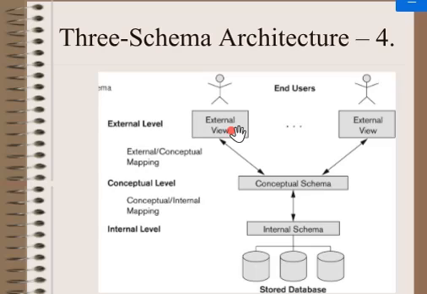External level, or external schema. Each external schema describes the part of the database that a particular user group is interested in and hides the rest of the database from that user group. They can see only what the end user sees.